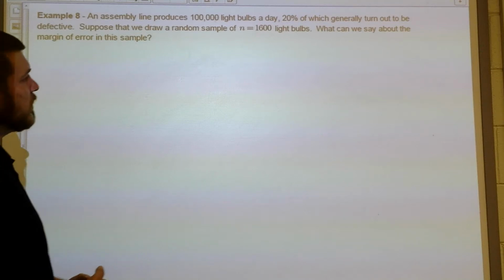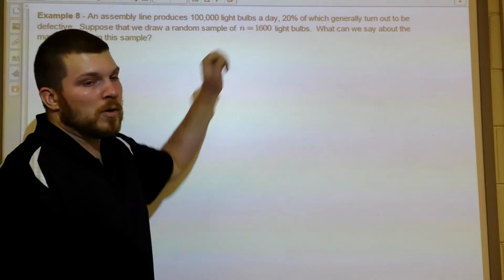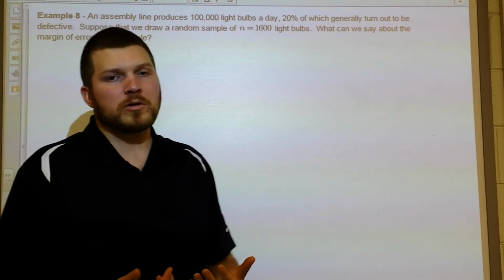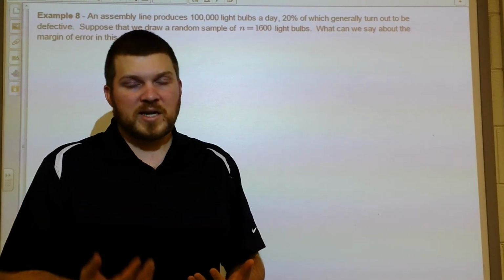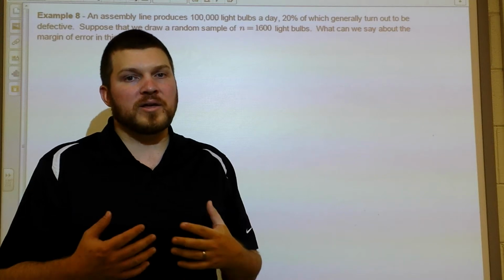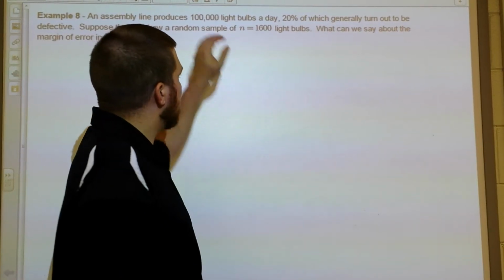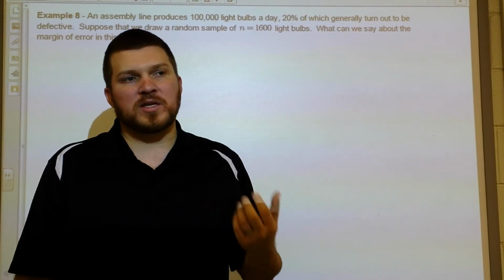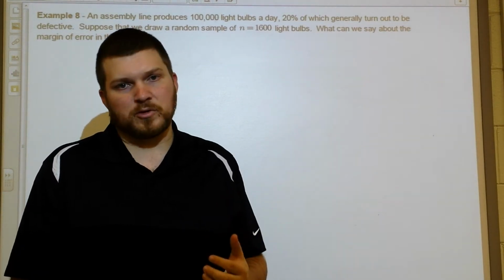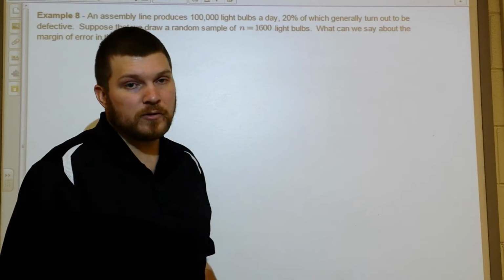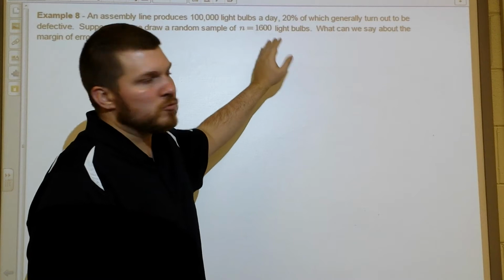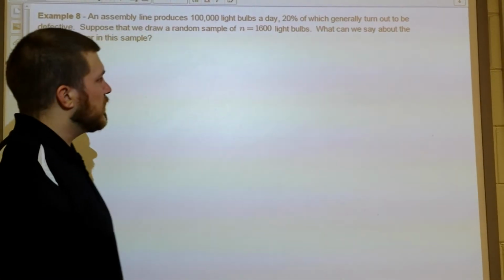First off, we're told that we're pulling just 1,600 light bulbs out of this assembly line because we're doing quality control, and it takes time and it takes money. So we want a good sample that represents the entire population, but we don't want to do a census. A census means we look at every single possible light bulb, all 100,000. That would just take forever. We would have to shut the plant down. So instead, it's much more convenient to do a nice random sample of the light bulbs.